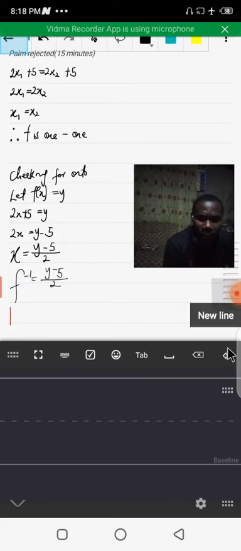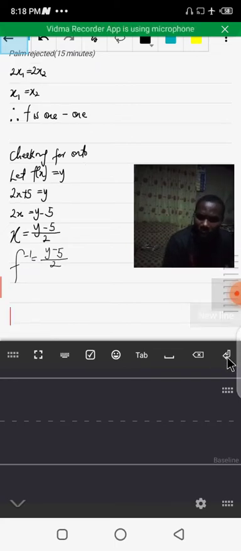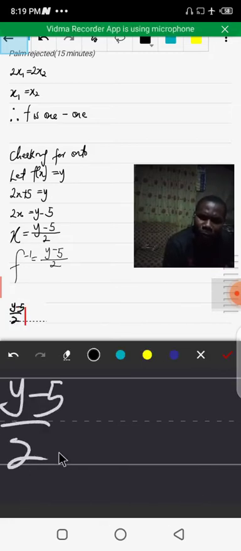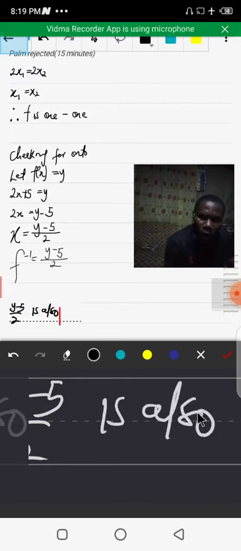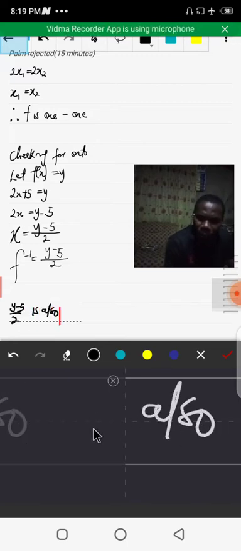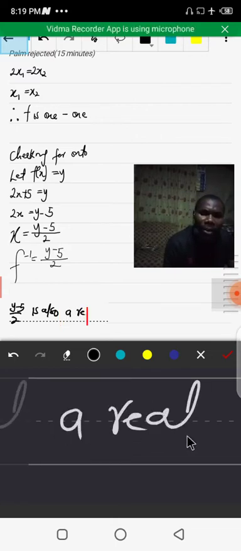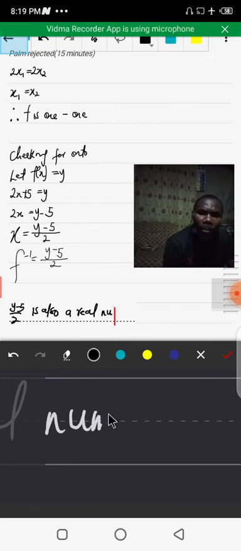So if this is the inverse, we discover that y minus 5 over 2 is also a real number.